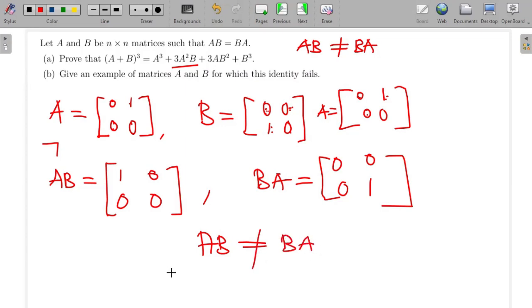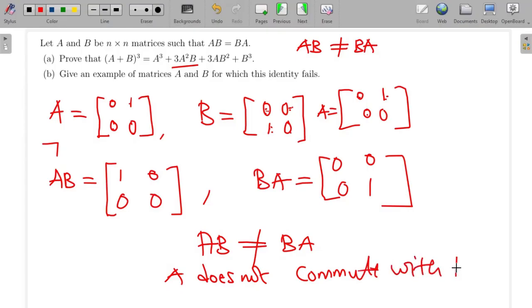So meaning that A does not commute with B. So if A does not commute with B, it means this will not be possible here, and if this is not possible, then this identity actually fails. Okay, so that's how we can answer that question, and we are done.